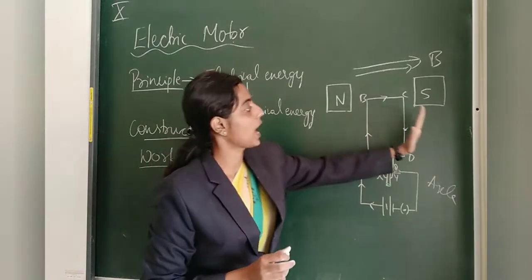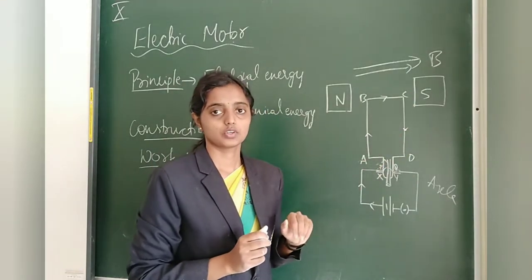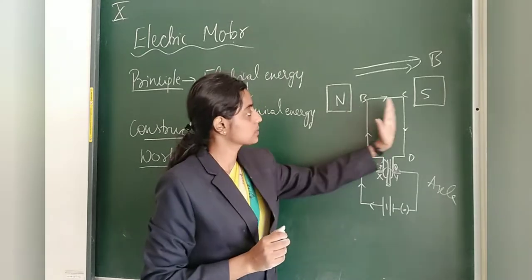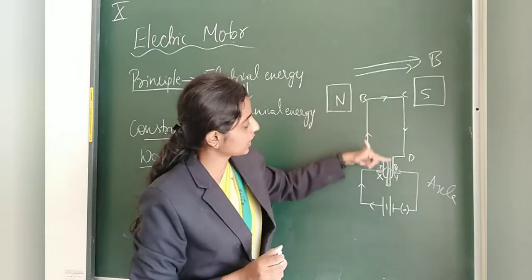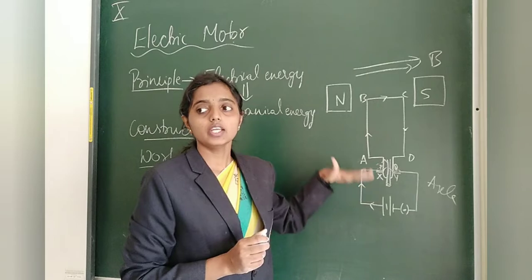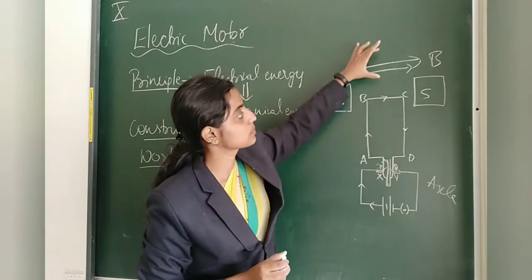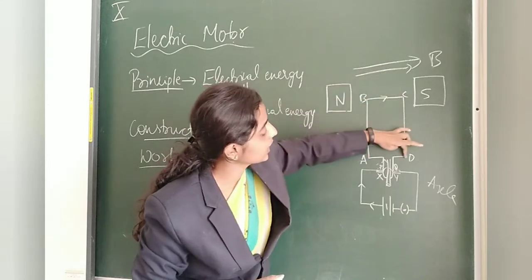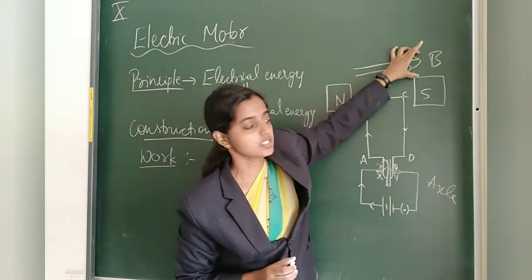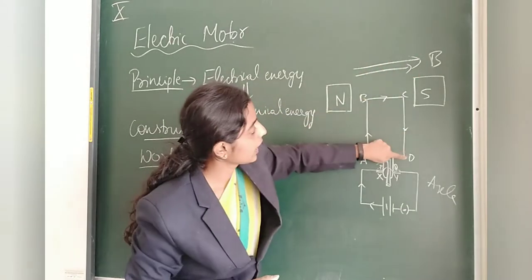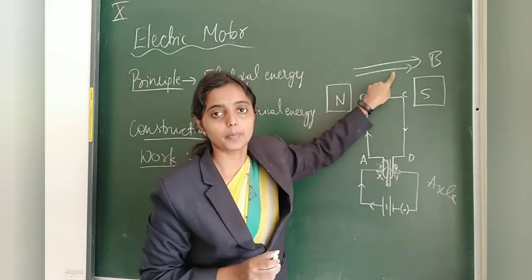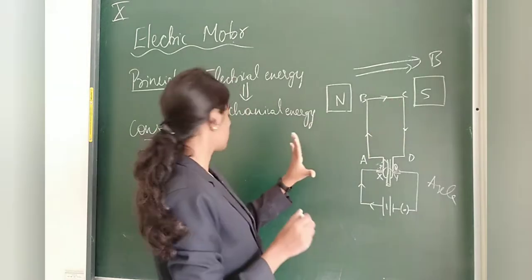In the rectangular coil, AB is parallel to CD and BC is parallel to AD. With respect to the magnetic field, BC and AD are parallel to the magnetic field lines, and BA and DC are perpendicular to the magnetic field lines. We should mention this point also in the working.